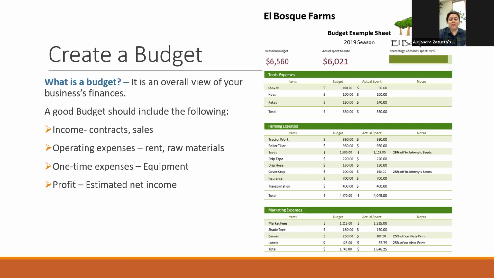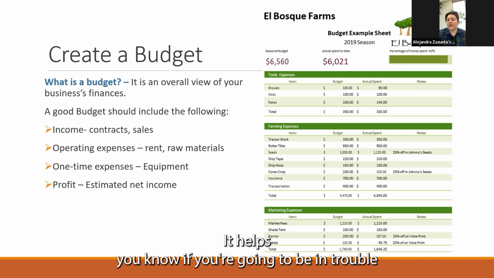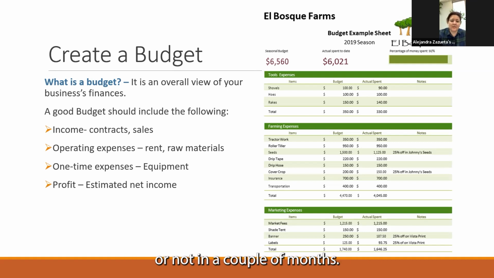It helps you plan for the future. It helps you know if you're going to be in trouble or not in a couple months. It just gives you perception of what's going on in your business.